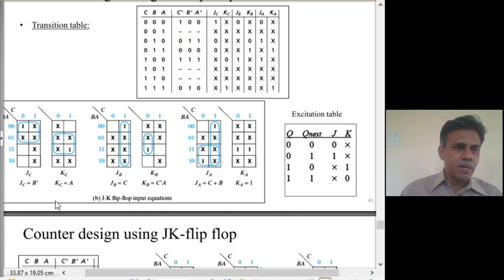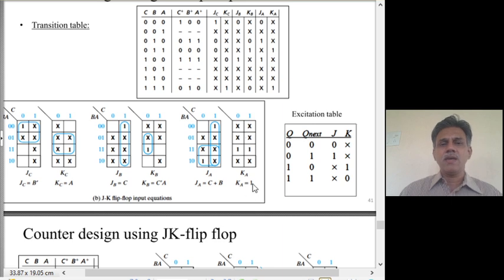Here, ABs are not explicitly written, so this is nothing but A, and here it is nothing but C, and these 2 coverages mean C bar is there and then A is there, and here if you look at it, it is nothing but B, and here you can cover everything, either ones or X's are there.